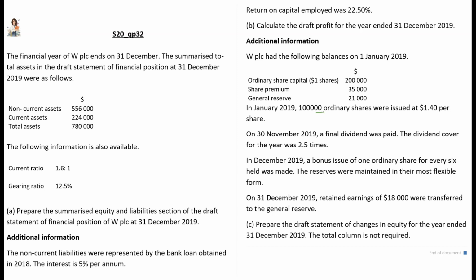In January 2019, 100,000 ordinary shares were issued at $1.4 per share. The company has ordinary shares of $1 face value. That means out of $1.4 of issue price, $1 is the face value and the remaining $0.4 is the share premium. Let us record this in our statement of changes in equity.